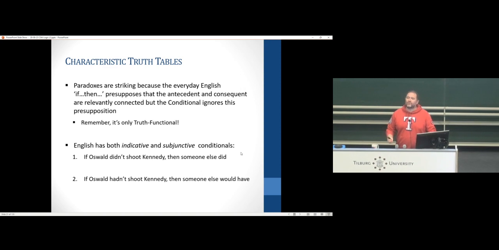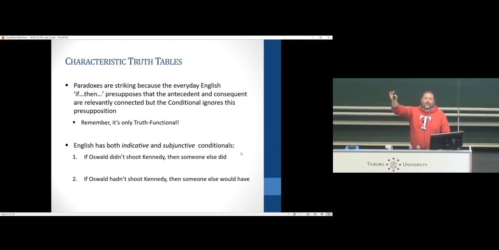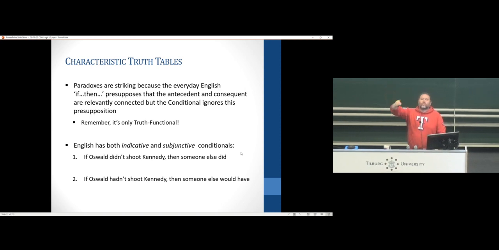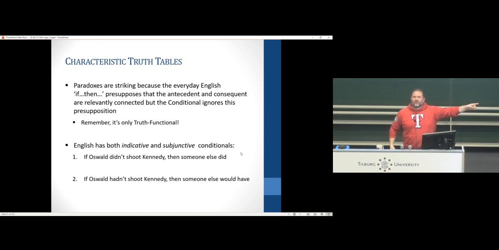It's a counterfactual. The antecedent is always something that hasn't happened, and then you think about what would have happened were it to have been the case. So we grant Oswald shot Kennedy, and we say, okay, if he hadn't done that, then the dude on the grassy knoll would have gotten him.